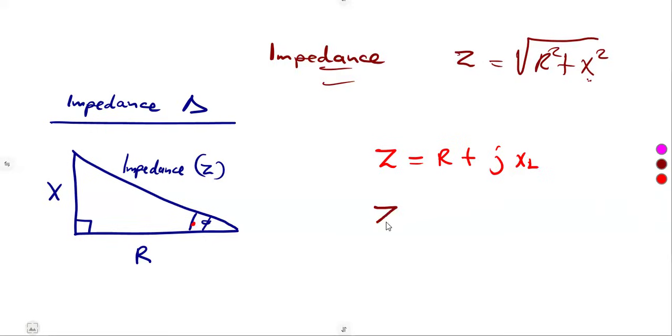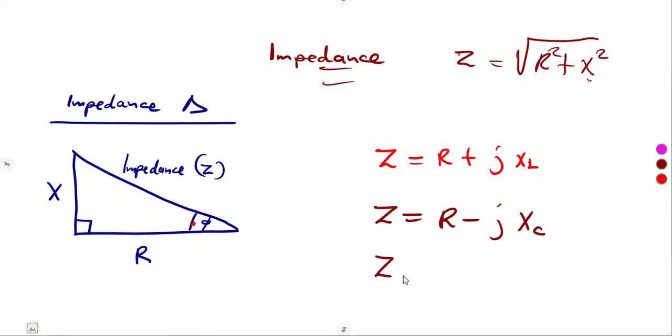So a minus is when we are dealing with what? A capacitive reactance, a capacitive circuit. That's where we have the reactance of the capacitor.